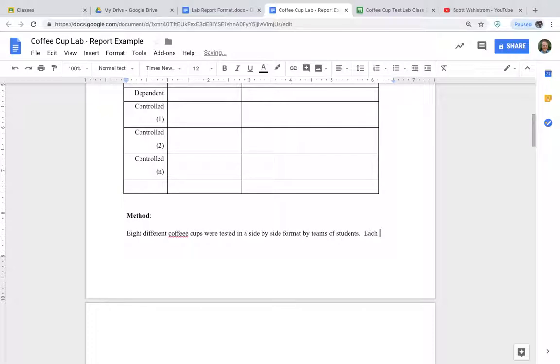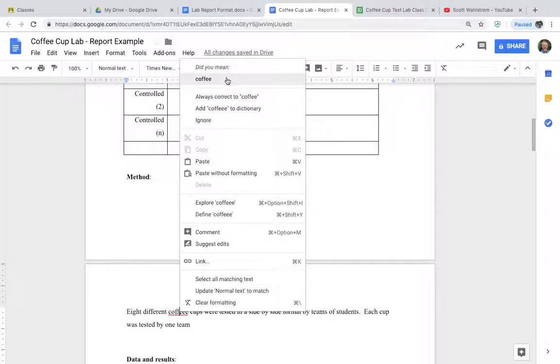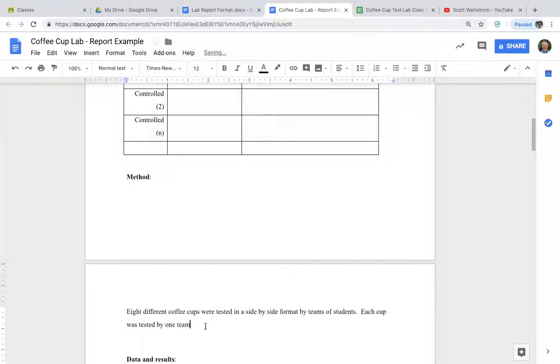Each cup was tested by one team. Should probably correct coffee. Okay. And the results were shared for analysis.